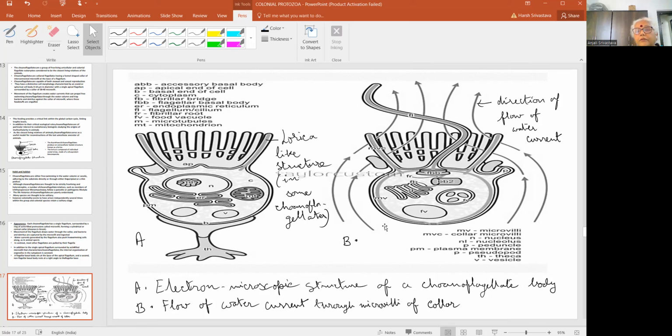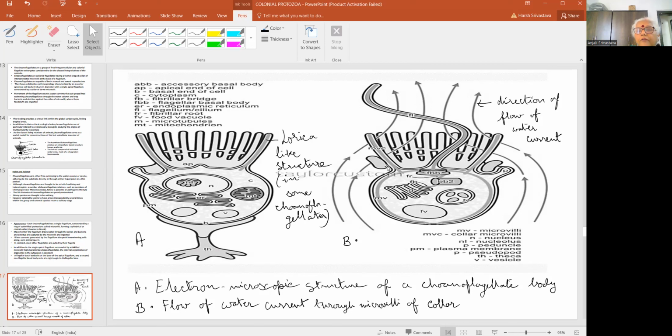And through this lorica, this is how the water flows. This is the direction of the water flow. The water comes in by the beating of this flagellum. It creates a current, and this current draws the water.